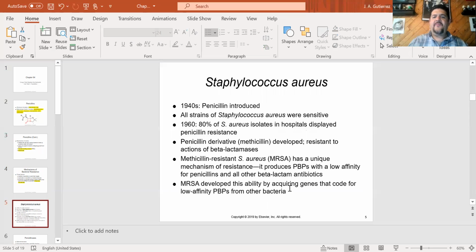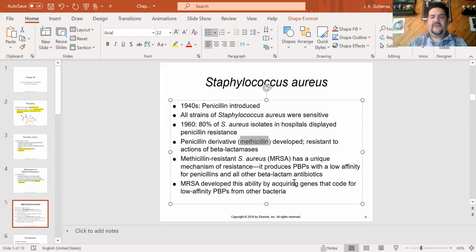So what happens after we have an antibiotic that we cannot use anymore? Well, we make something that is better than the first antibiotic. So we have methicillin. And if you notice, it's also "cillin," like penicillin. So they belong to the same family, but methicillin is stronger than penicillin.